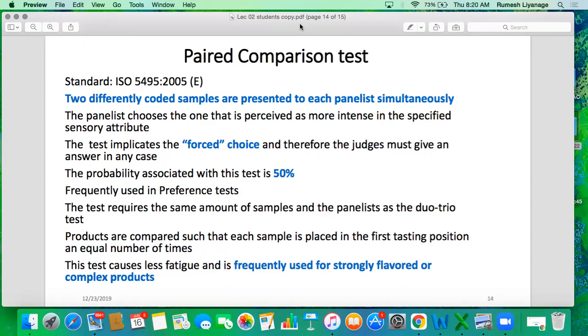The panelists choose the one that is perceived as more intense in the specified sensory attribute. The test is a forced choice, and therefore the judges must give an answer in any case. This is a forced choice.